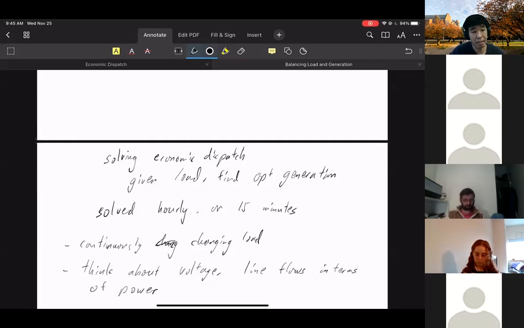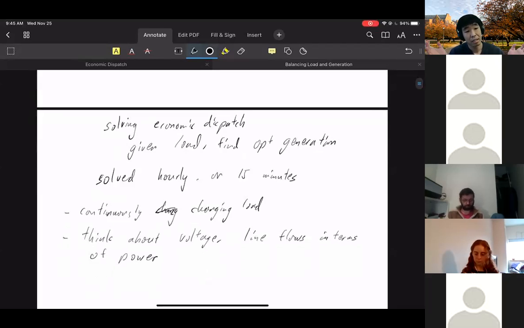We're solving this resource allocation problem, generator to load. If you remember the economic dispatch problem, we did not really talk about voltage. We never talked about voltage. A generator has this much generation and it goes out to the load. Our goal here is really to get an intuitive understanding.